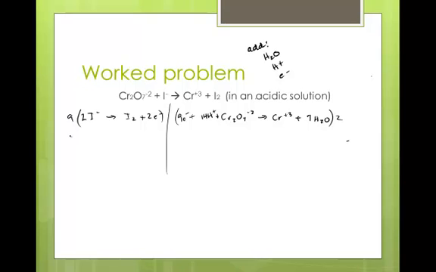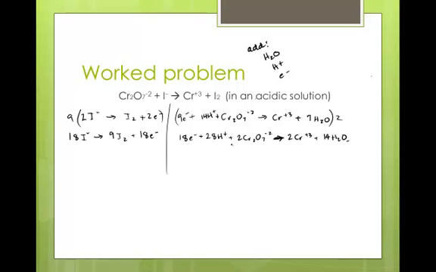So this is 2 times 9, that's 18 I negative, yields 9 I2 plus 18 electrons. That's that one. This other one with 2, that's 18 electrons plus 28 hydrogens plus 2 Cr2O7 negative 2s, whoops, yields 2 Cr plus 3s and 14 waters.